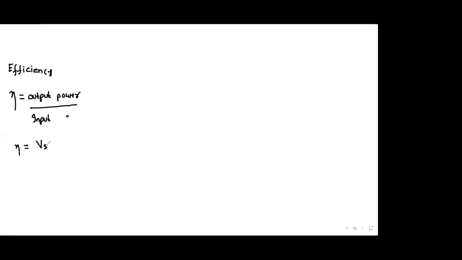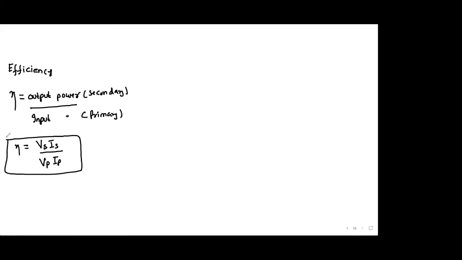The power is this, VsIs. Input power means power across primary. So that's VpIp. This is the efficiency.